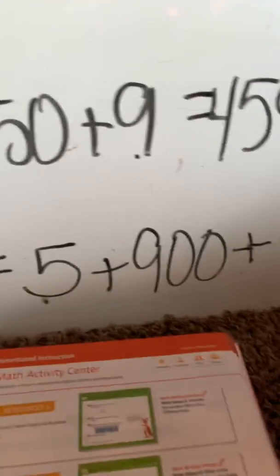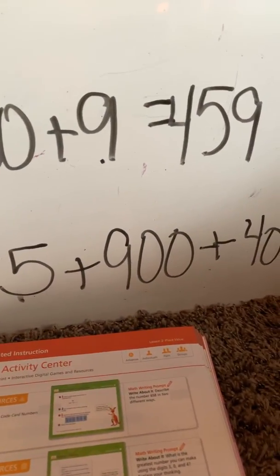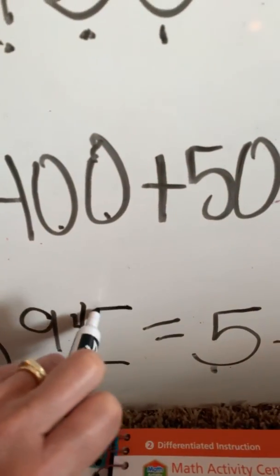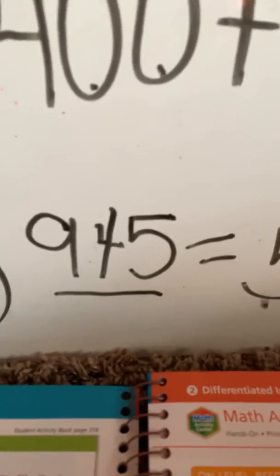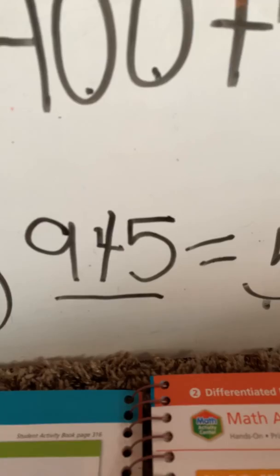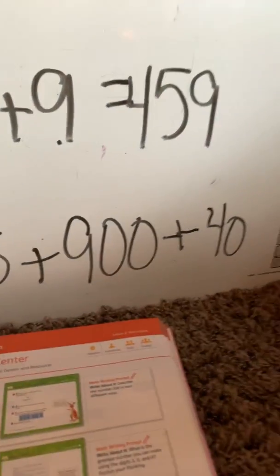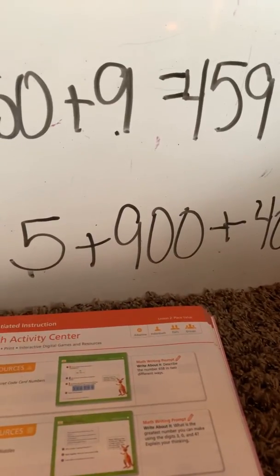And finally, the last part of this would be the 5. The 5 is in the ones place. So we are going to go ahead and write a 5. So for number 16, the answer is 945. We got that because we put those 3 numbers together in the right order.